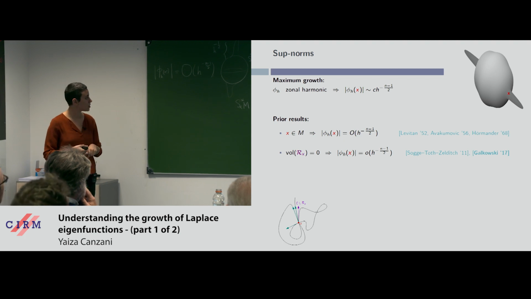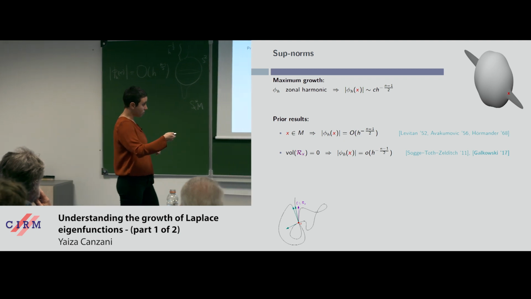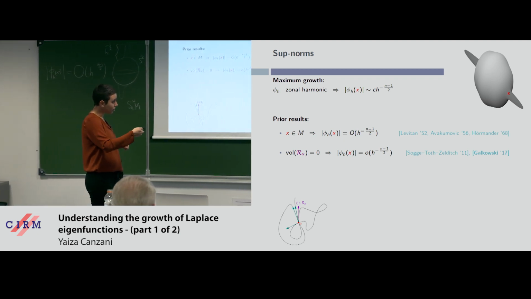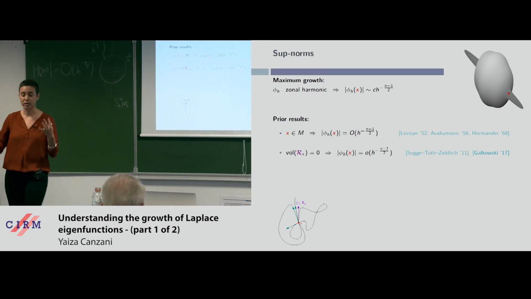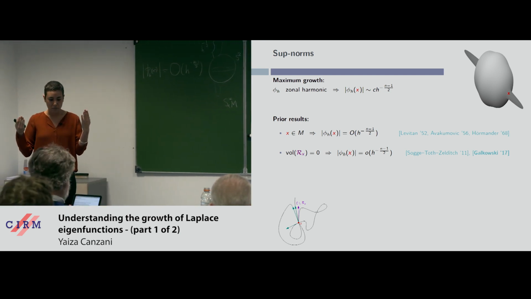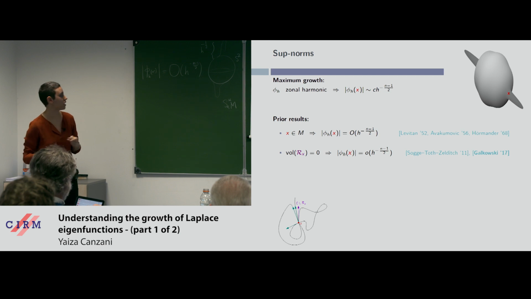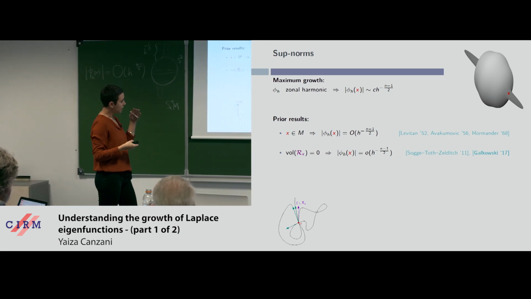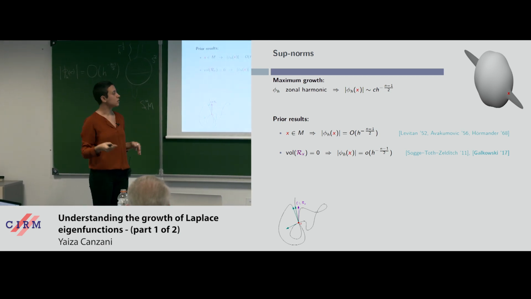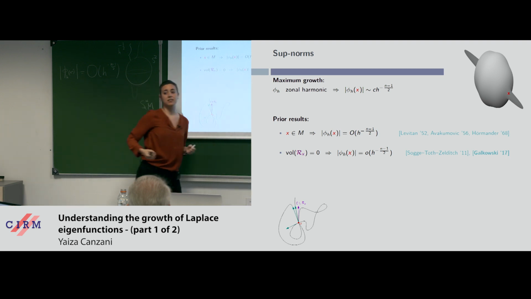Then we joined forces, and we ended up using the techniques that Jeff started working on in this paper to try to understand what happens with eigenfunctions. But we are no longer using, at this point, defect measures. Jeff is going to explain this in detail, but they have the disadvantage that if you want to get quantitative improvements on this error, they will not do it.